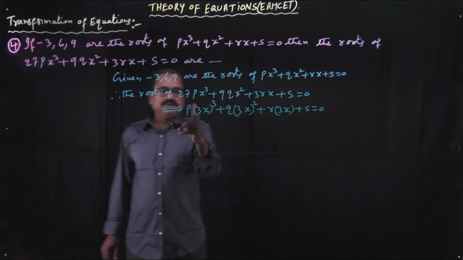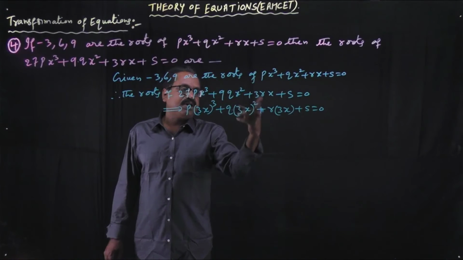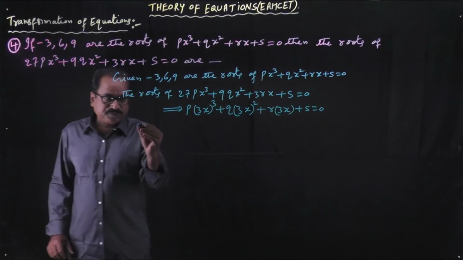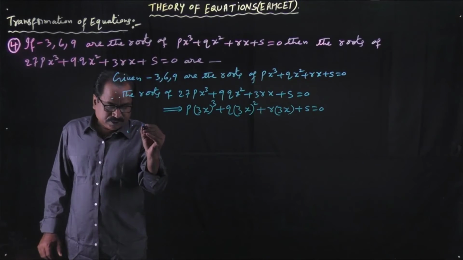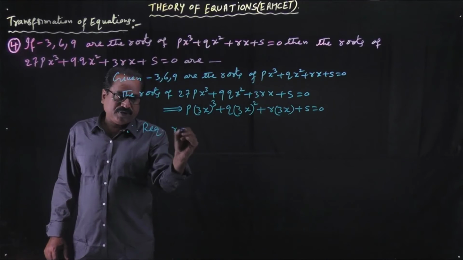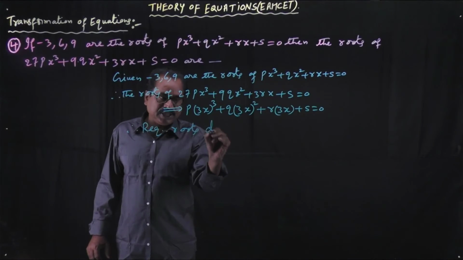So p into (3x) whole cube plus q into (3x) whole square plus r into 3x plus s is equal to 0. Therefore, the required roots are divisible by 3.